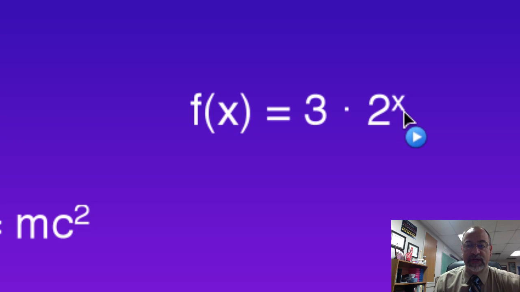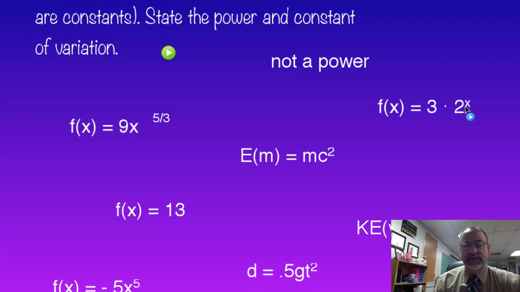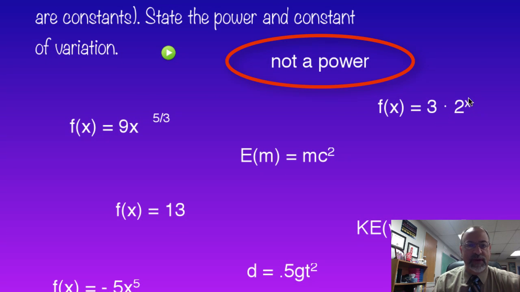Here the power is not a constant, it's a variable, therefore it's not a power function. So let me say that one more time because I brushed through that quick. Remember when we first defined power functions, one of the first things we said was that a and k were constants. Well, here a is not constant because it's a variable. So this is not a power function because the a value, or the power of the function, is not a constant.